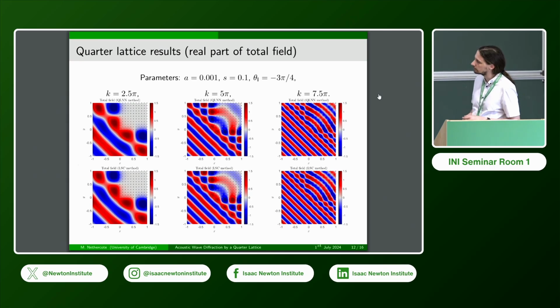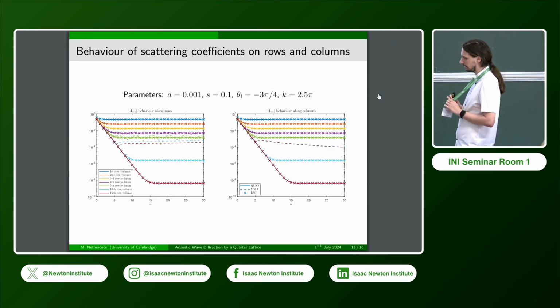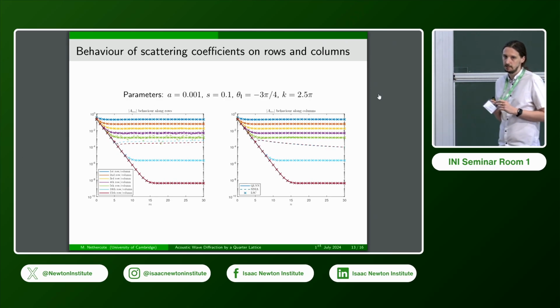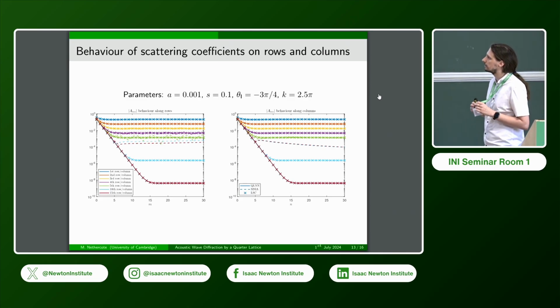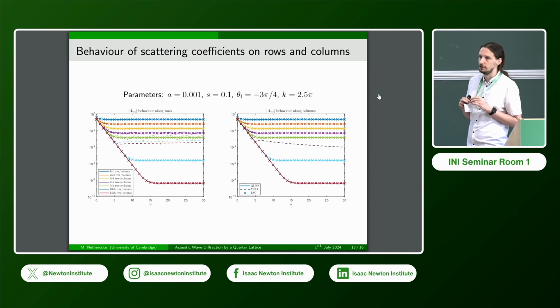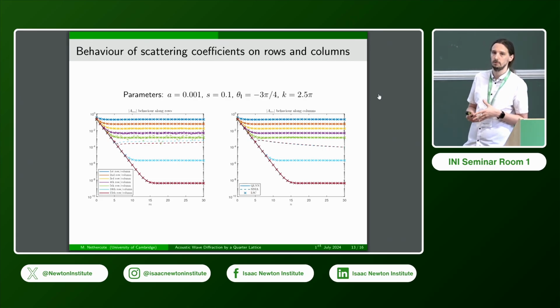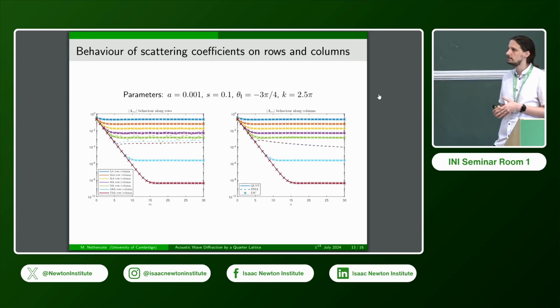And yeah, the last thing that I want to talk about is what I'm currently working on, and this is a question that I've been asking myself, which is, can we use the scattering coefficients to gain some information about the effective wave numbers of the quarter lattice?